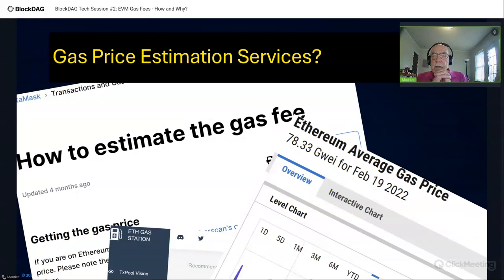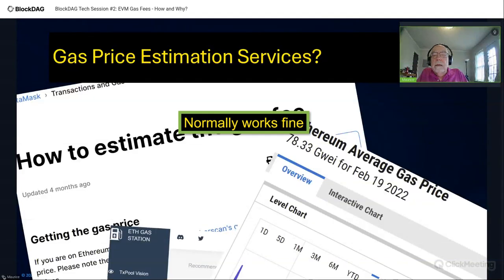So how do each of these clients figure out how much gas to pay, how much to offer? Well, there were lots and lots of gas price estimation services, which would sample the network, see what people are paying, and they would tell you, well, if you're high priority, you should offer this much, medium priority, that much. If you don't really care, but you want to make sure it gets eventually included, then pick something else.